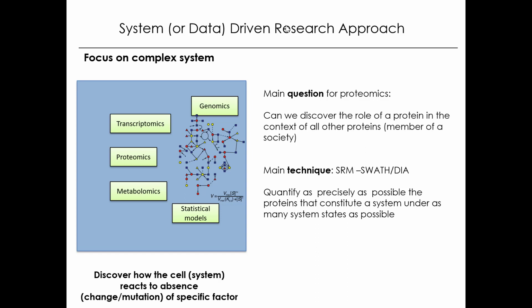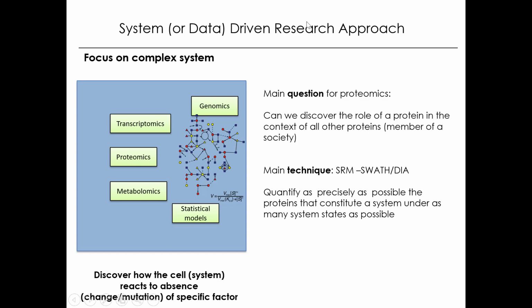We don't try to assign a function to a specific protein or gene or mutation. We basically ask a different question. We would ask, how does the system as a whole, the cell or the tissue or an organism as a whole, react to some perturbation? This perturbation might be, if you think of cancer genomics, specific mutations that occur in cancer cells but not in normal cells.